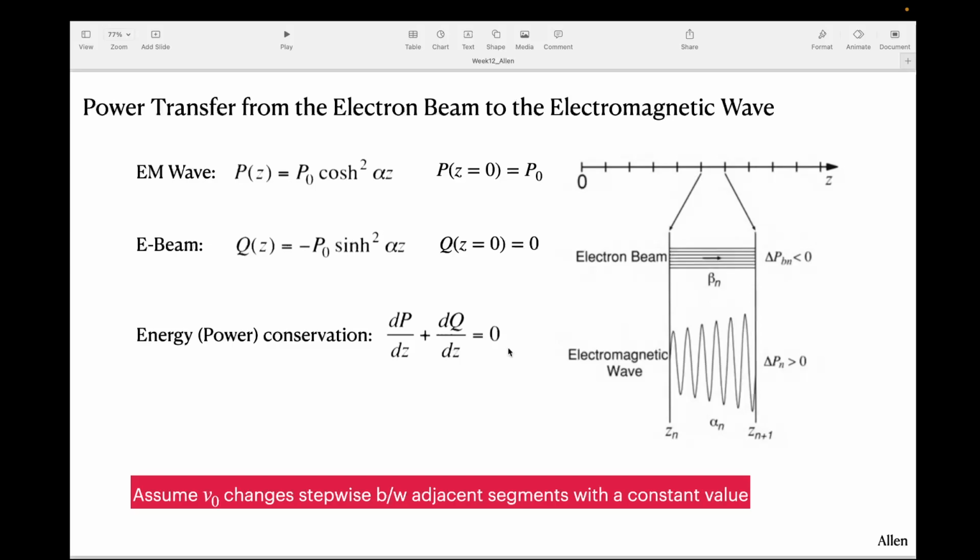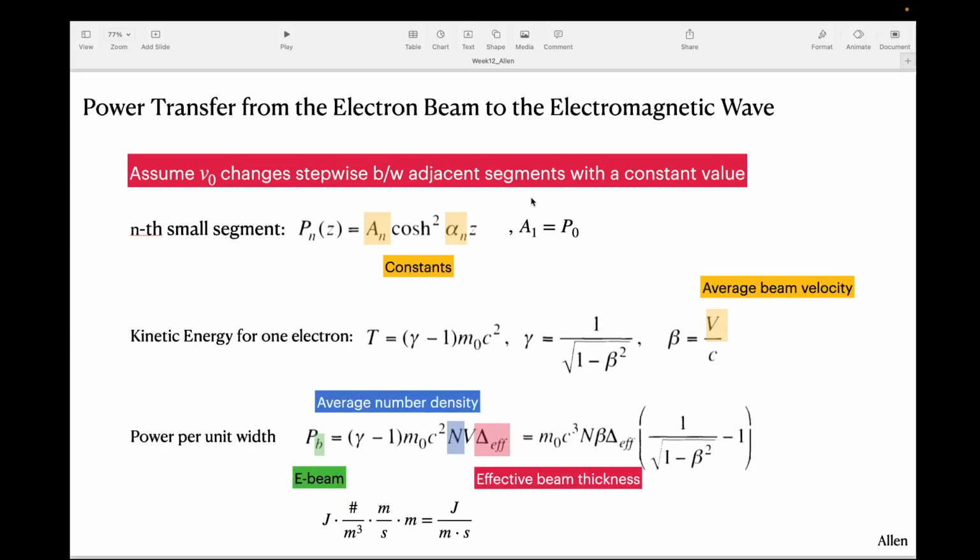But to do further analysis, here we have an important assumption that we would like to address: we consider a stepwise difference between each segment when we consider the power transfer, so that V0, the velocity of the electron beam, which can also be considered as the kinetic energy of the electron beam, does not just change continuously, but we consider a discrete, stepwise decrease of it and a stepwise increase of the electromagnetic wave.